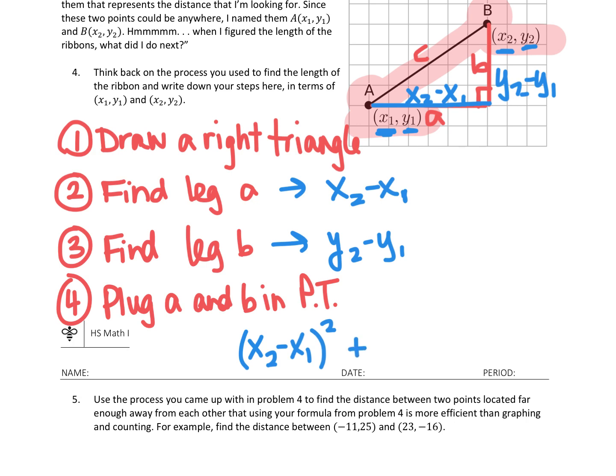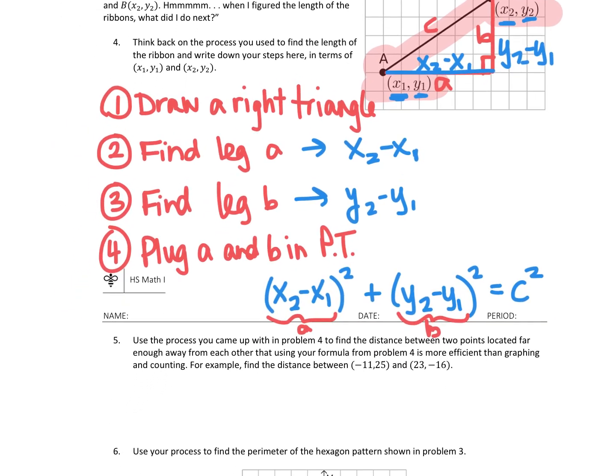And then I'm adding that to parentheses y2 minus y1, squaring that to get my c squared. Where this right here is really just A, and this right here is really just B. Just that subtraction.